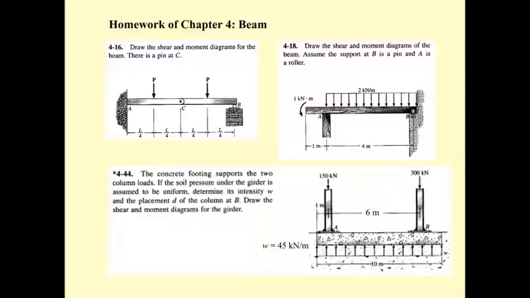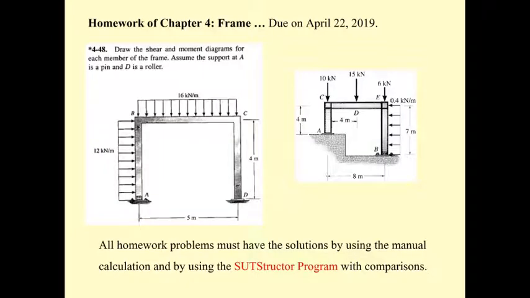By doing this, the result from hand calculation and the result from the computer program must be equal. If not, the hand calculation may be wrong, or the computer program input may be wrong, so the result is wrong, or both of them are wrong. Okay, just check it out. The result must be equal.